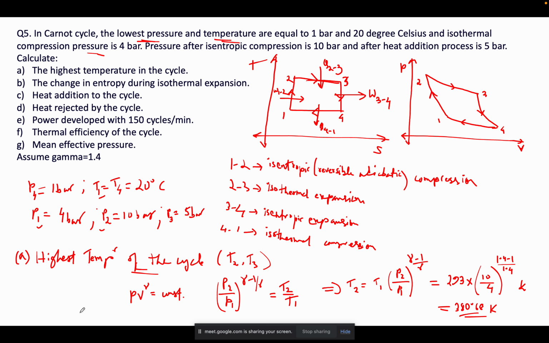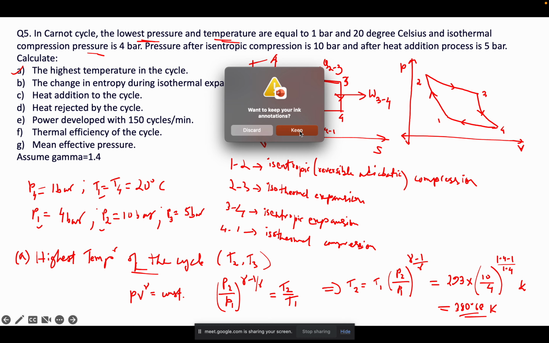Now moving on to the next part. So this one is done. The change of entropy during isothermal expansion.